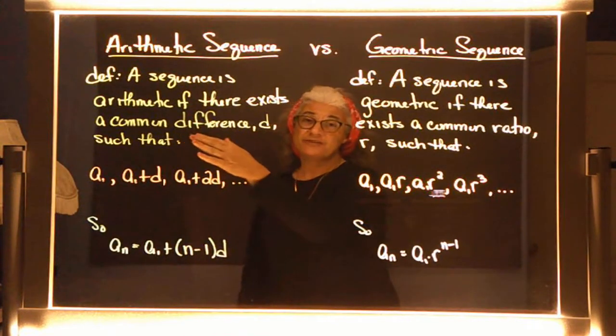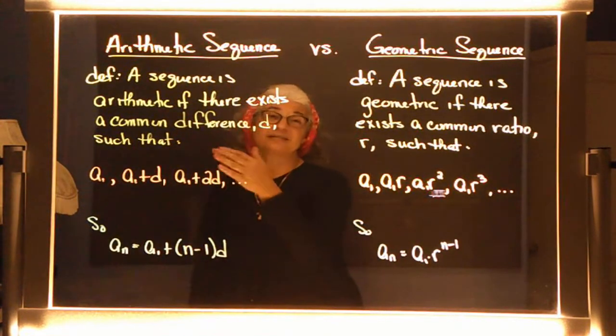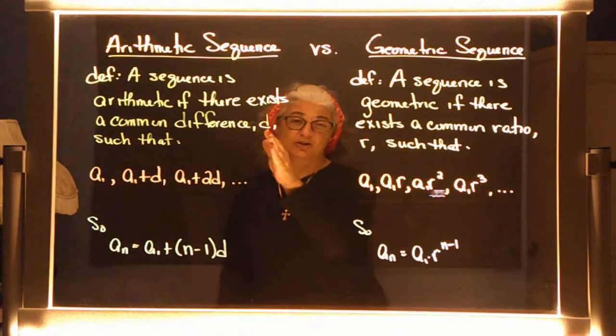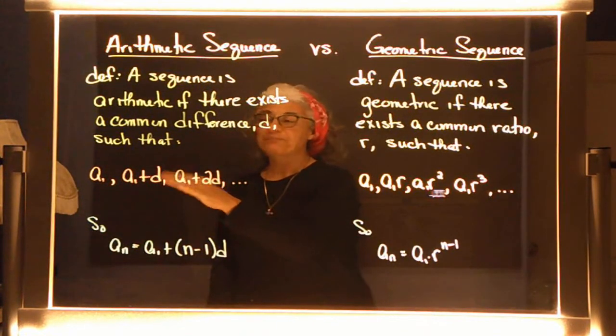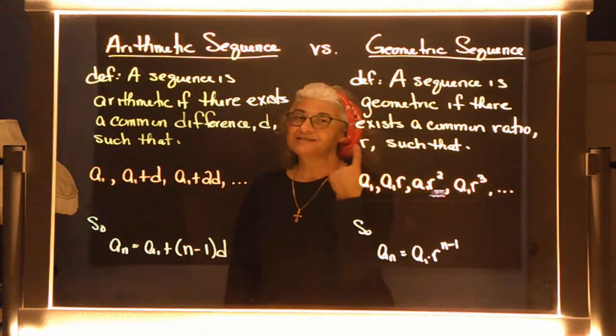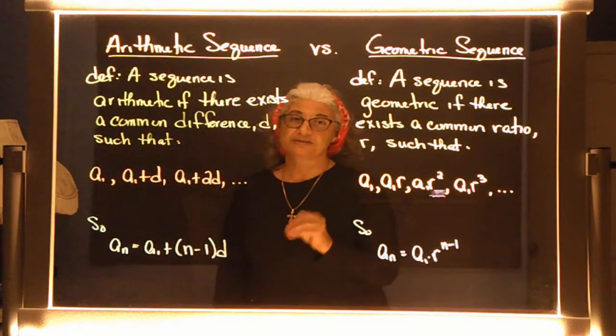Now, the definition of an arithmetic sequence says that a sequence is arithmetic if there exists a common difference that is called d, such that, now take a look here, what's a sub 1 represent? Yeah, that's the first term of the sequence, isn't it?